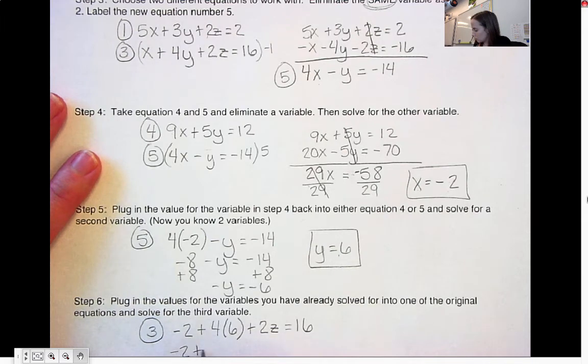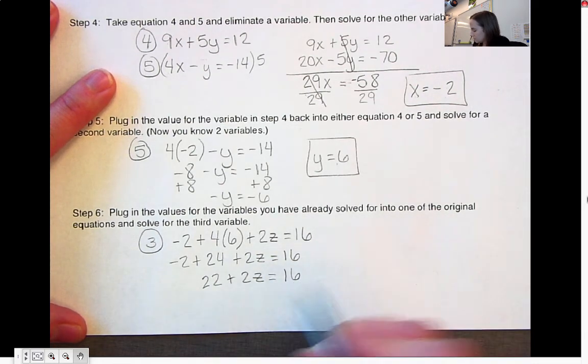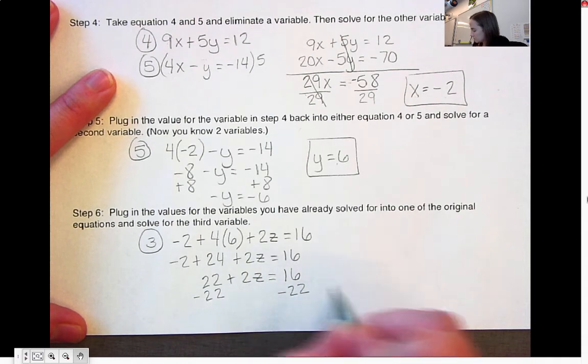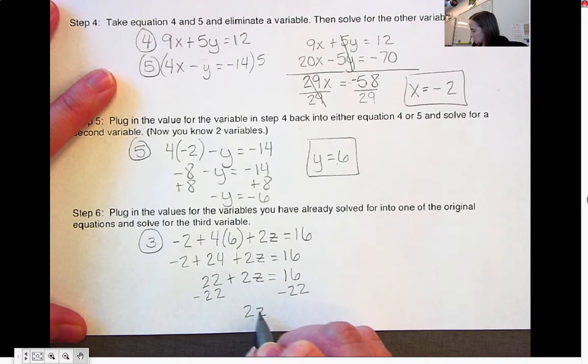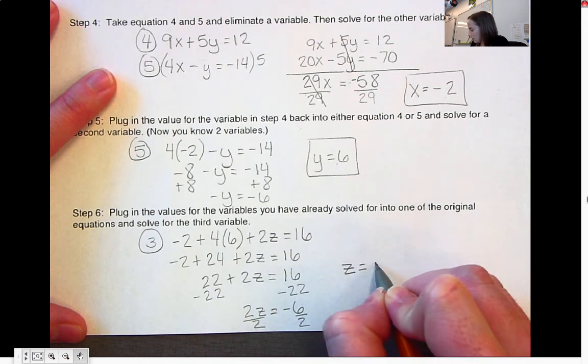Negative 2 plus 24 plus 2z equals 16. 22 plus 2z equals 16. 2z equals negative 6. Divide by the 2. And z equals negative 3.